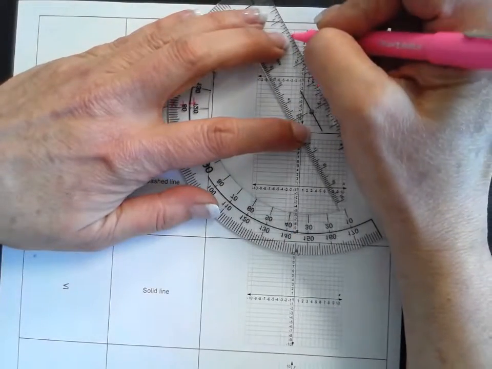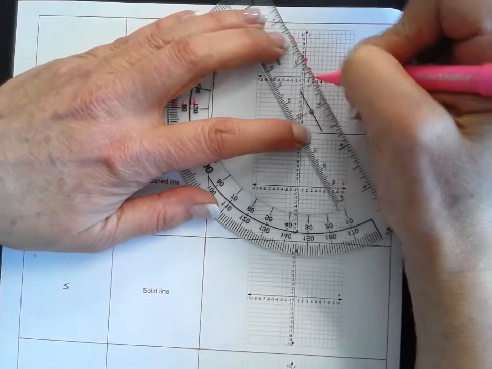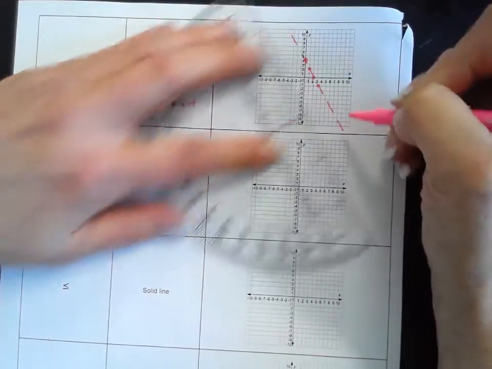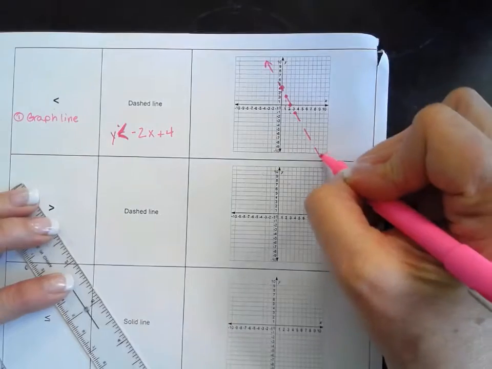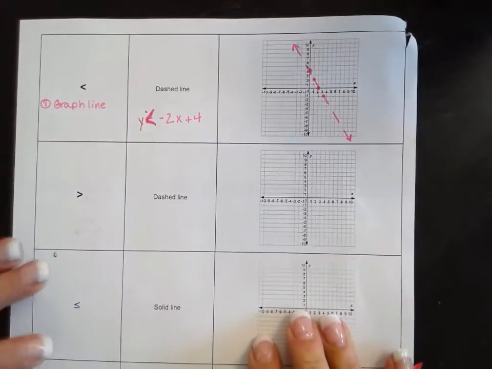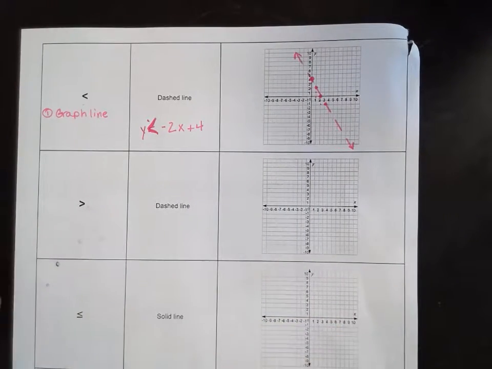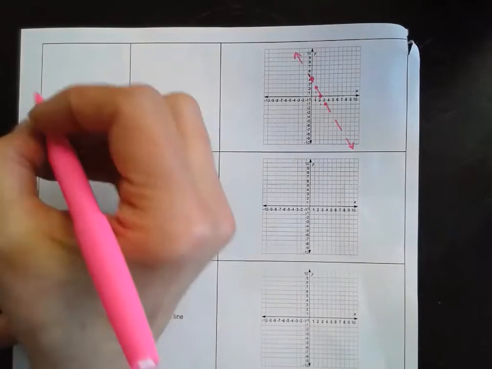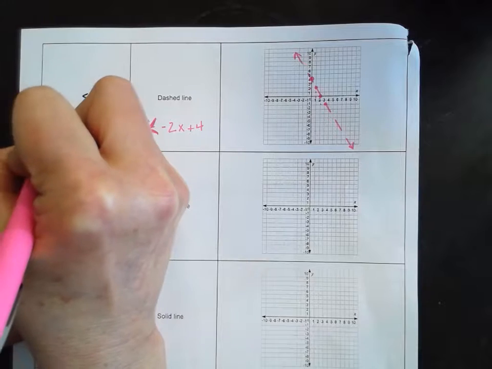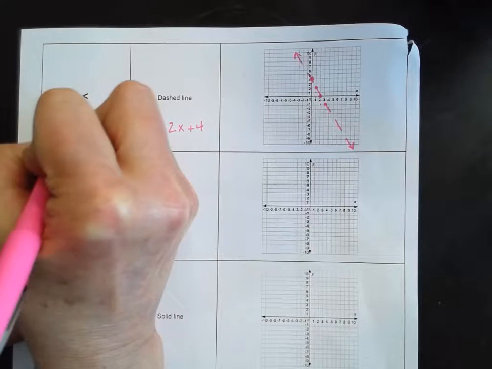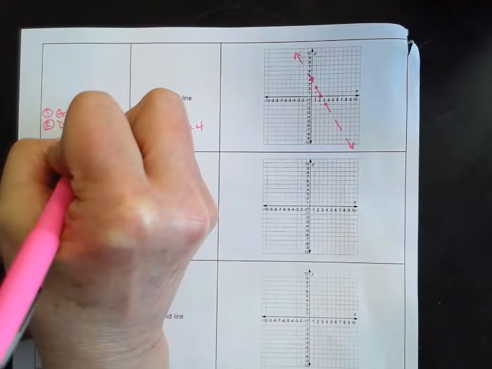I don't use a solid line. So the second step is a dashed or solid line.